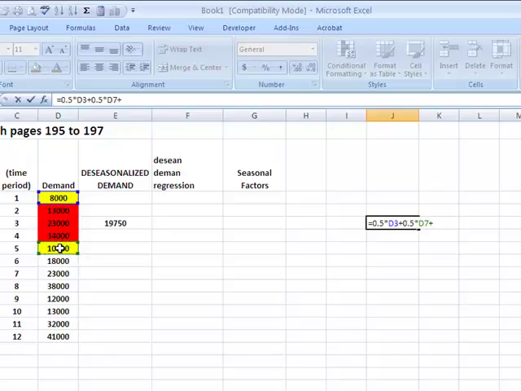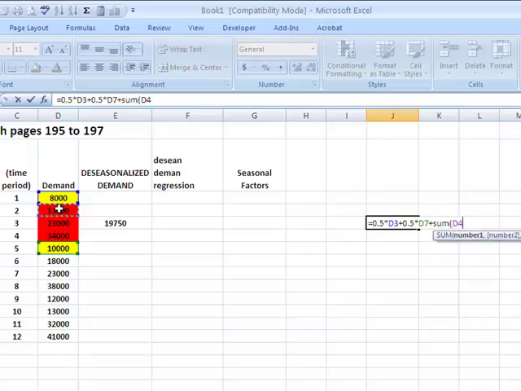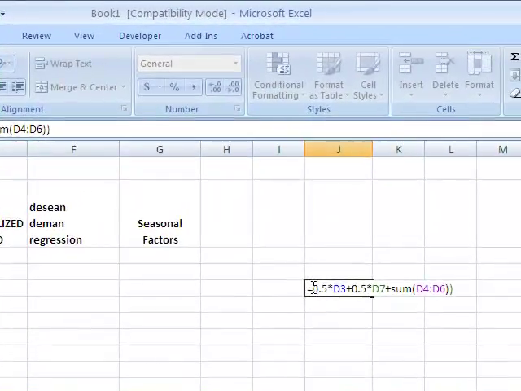And then I add to it all the numbers in the middle. So all the numbers in red get a weight of 1. And then I need to divide the whole thing by 4. The reason why I divide by 4 in this case is because my number of periods is 4.